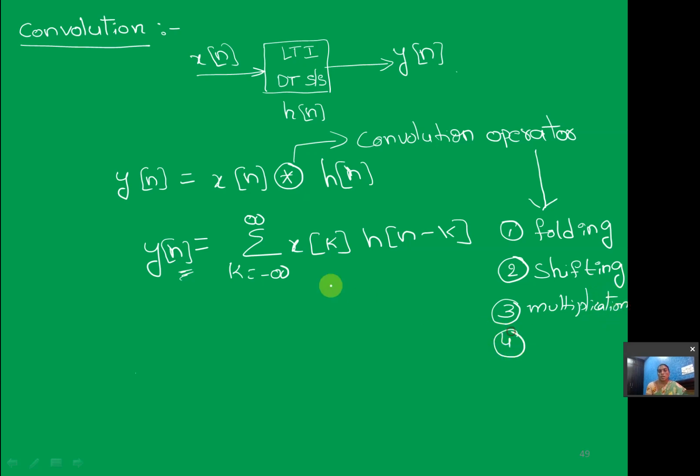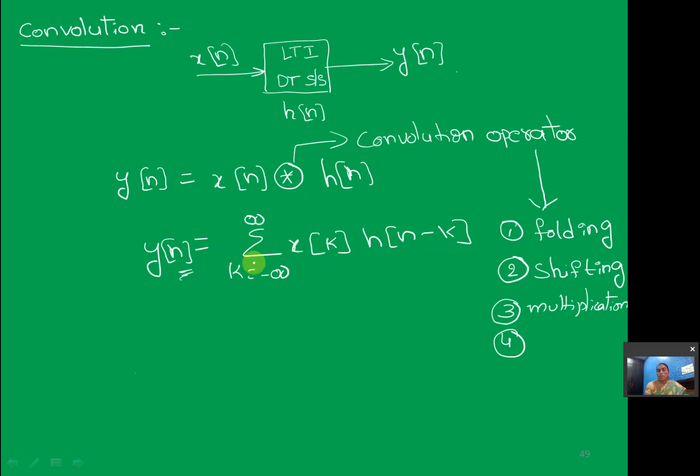Next, after multiplying, k goes from minus infinity to infinity. We substitute the k values, and we have many product terms.